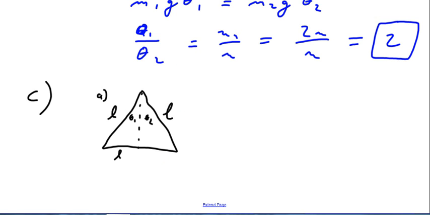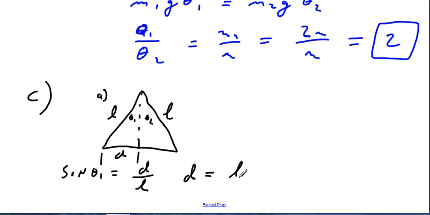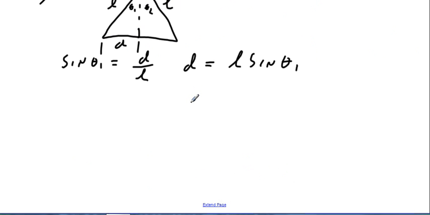And now the issue is, what is the length there? So the sine of theta 1 is equal to d over L. Okay, so the distance d is going to be L sine theta 1. And so 2d, which would be the total length between them, would be 2L sine theta 1.